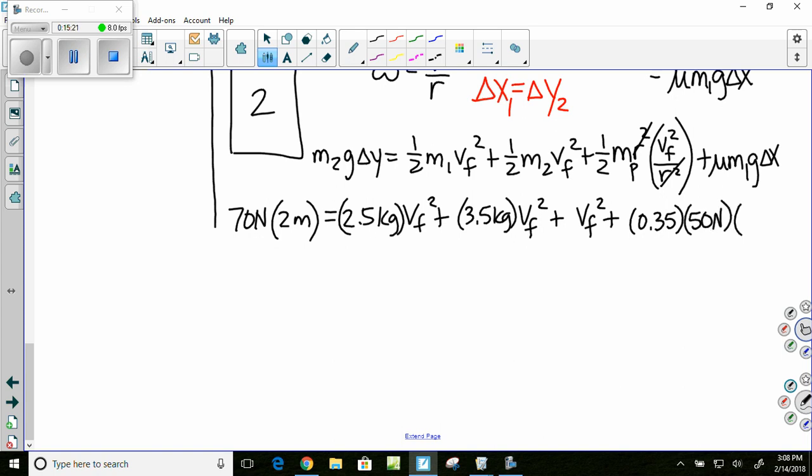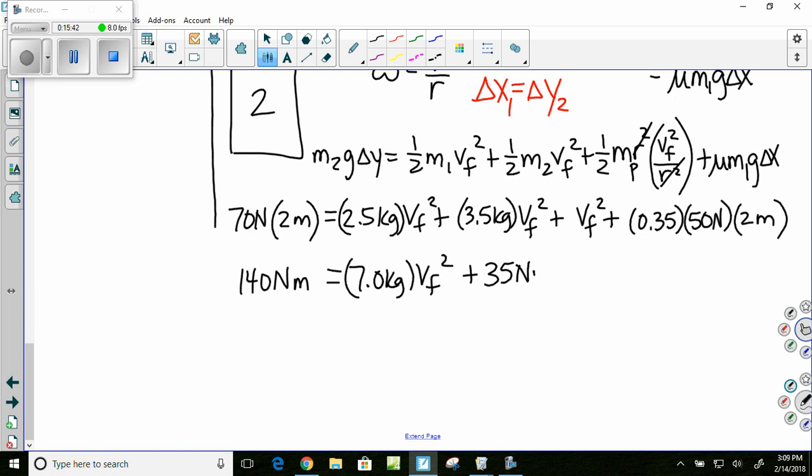So now we have lots of numbers and we just have V final squared. So if I kind of break it down a little bit, over here I end up with 140 Newton meters. Then I have 7 kilograms times V final squared plus 35 Newton meters. So you can check your math along the way. And then V final would end up being, when I do the math, 140 Newton meters minus 35, so 105 Newton meters divided by 7 kilograms.